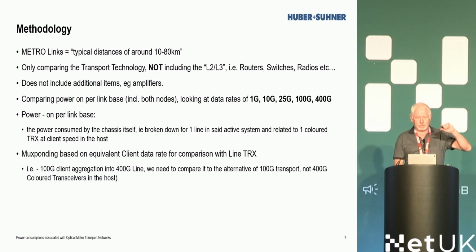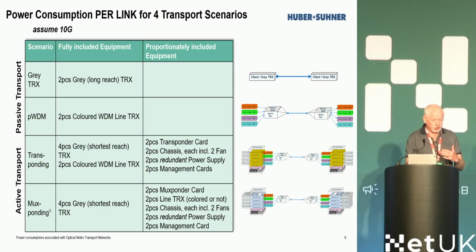So if you're doing transponding or muxponding at 100 gig, we're looking at that 100 gig, even if it's going over a 400 gig service. Just a recap: at the top left, you have the grey optics, point to point, which works absolutely fine. You can do 1 gig, 120 kilometers, no problem.